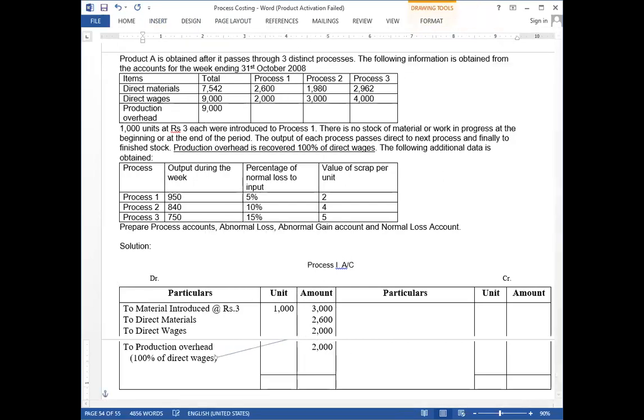The first step is over. All the expenses and material, everything is given.